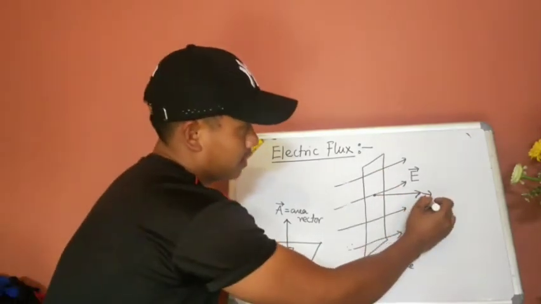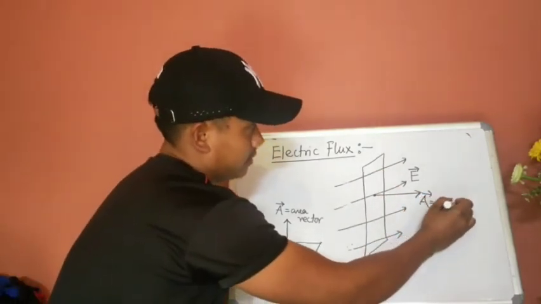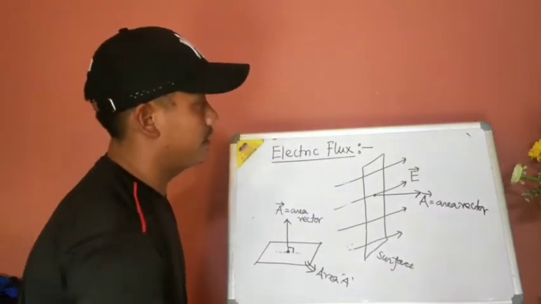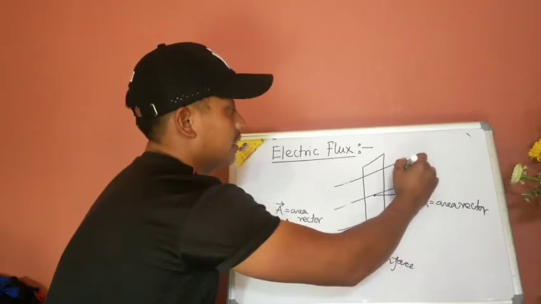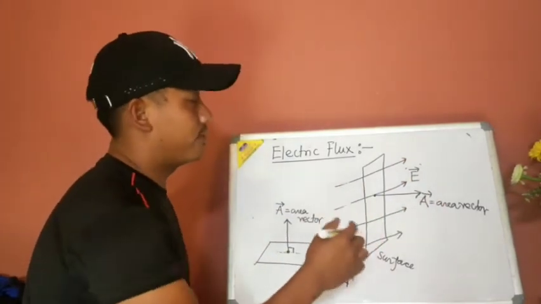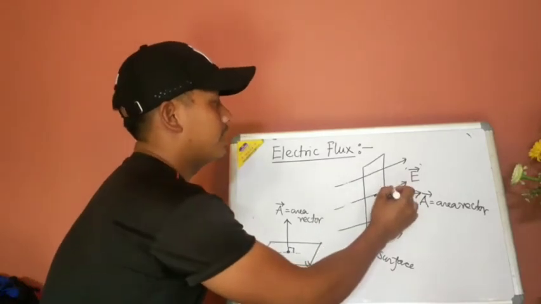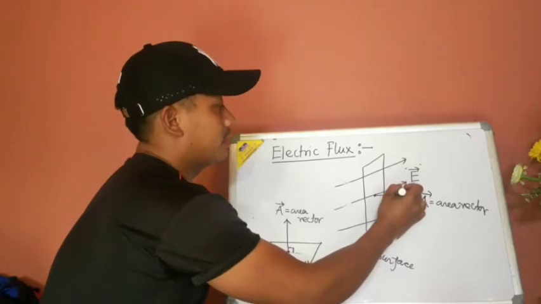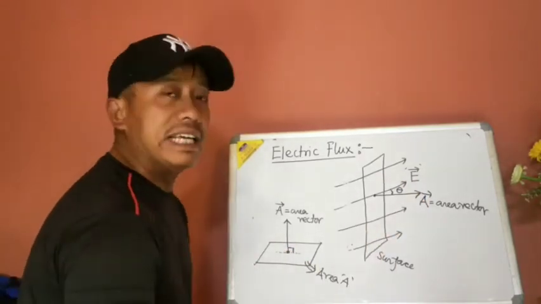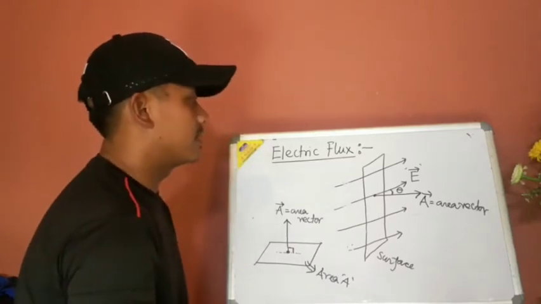This is nothing but the area vector, and what is this? Electric field intensity. Then, as you see from the figure, there is an angle. Let us name this particular angle theta. Theta is the angle between E vector and A vector.